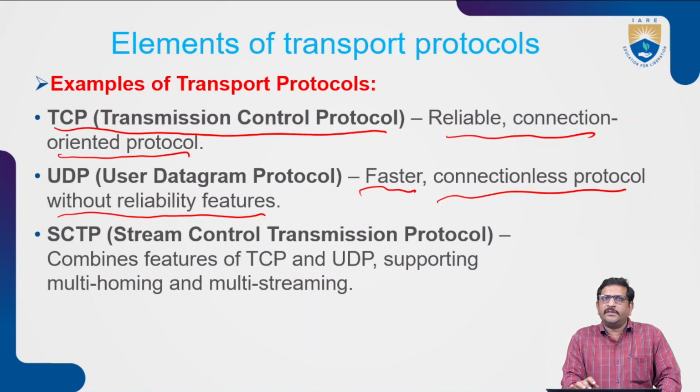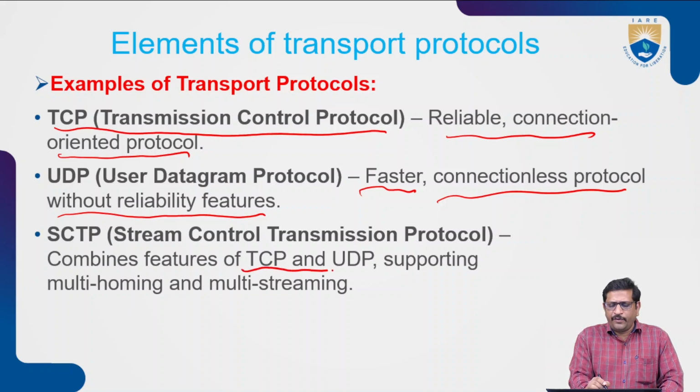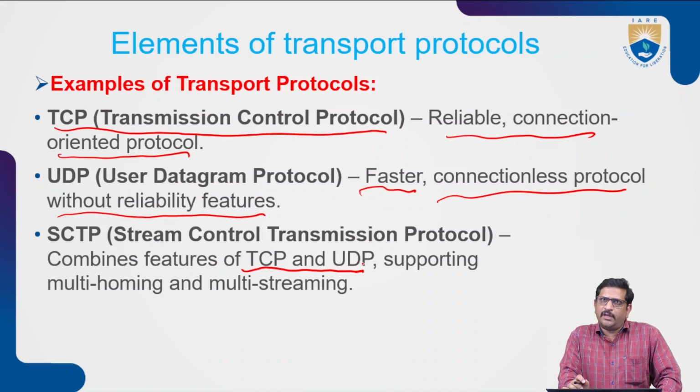In SCTP, we combine the features of TCP and UDP, so it can be used for multi-homing or multi-streaming purposes. This protocol can be used for both connection-oriented and connectionless communication. So it is a multi-purpose protocol. Whatever actions we perform, whatever services we provide with TCP and UDP, both features can be combined and all the services can be provided with the help of the SCTP protocol.